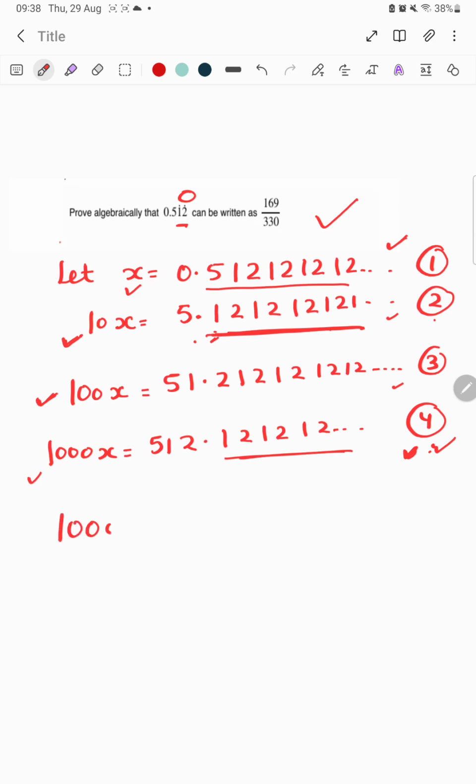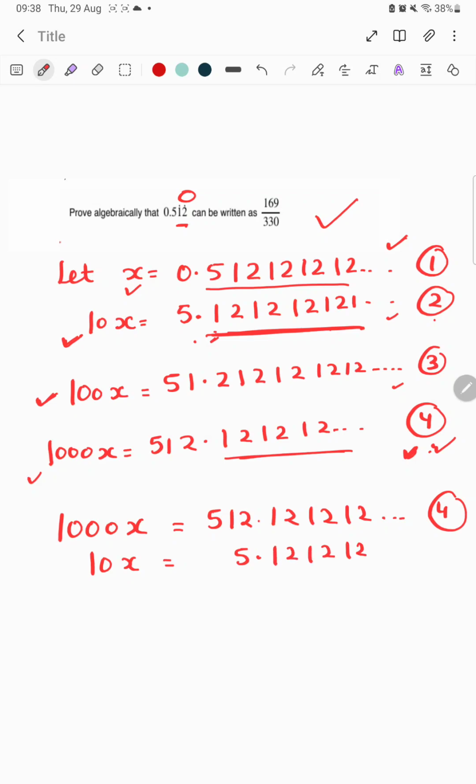I will do equation 4 minus equation 2. Equation 4 is 1000x equals 512.121212 and so on. The second equation is 10x, that is equal to 5.121212 and so on. I subtract these two equations. 1000 take away 10 is 990x, and this is equal to 507, since the decimal part is 0, so I don't write anything for it and I drop the decimal point.